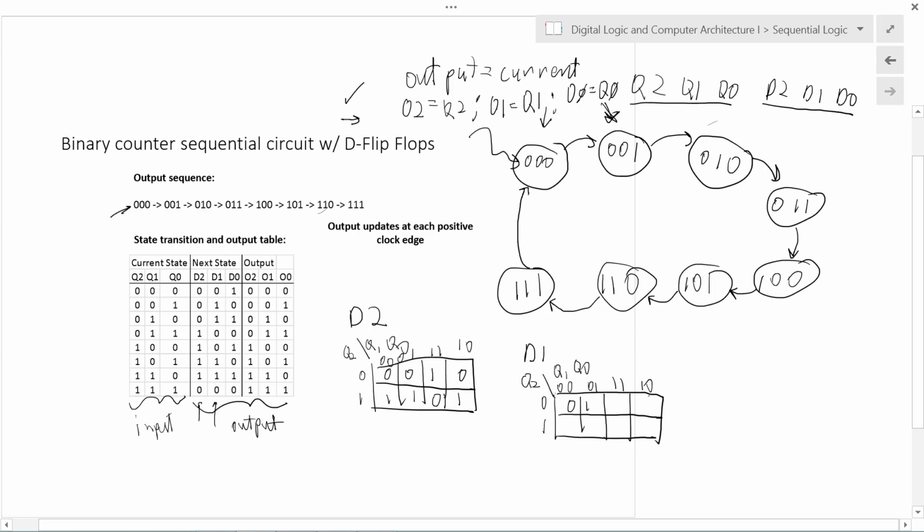0, 1, 1, 0, 0, 1, 1, 0. Okay, and then D0. Q2, Q1, Q0.